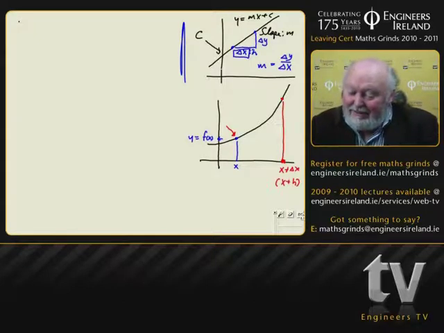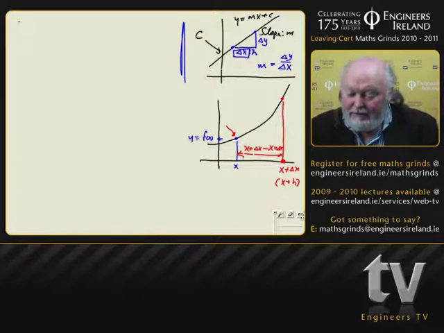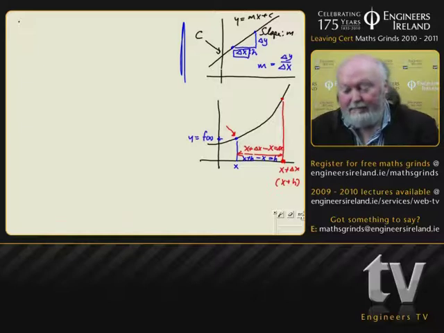We're saying that distance here, I know it. It's x plus delta x minus x, which is delta x. And written in the other fashion, so we know the difference between them.